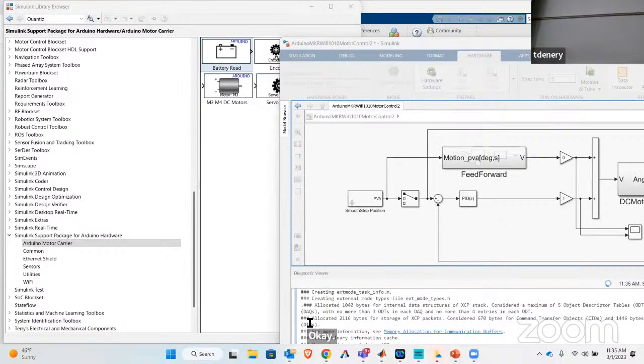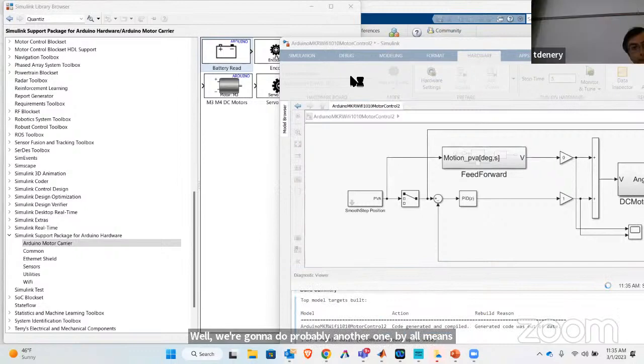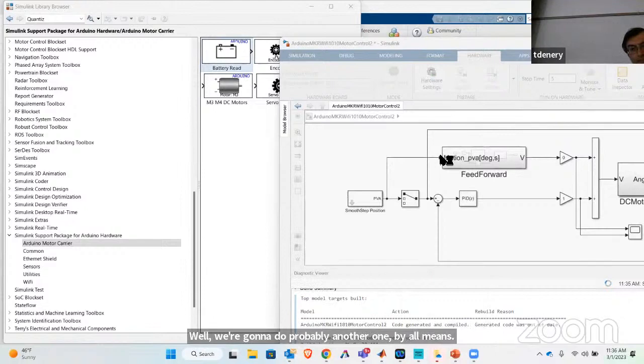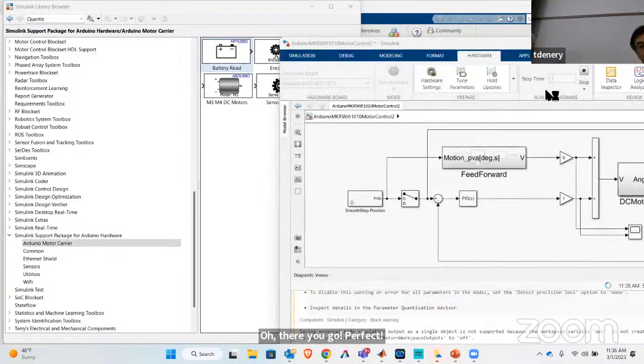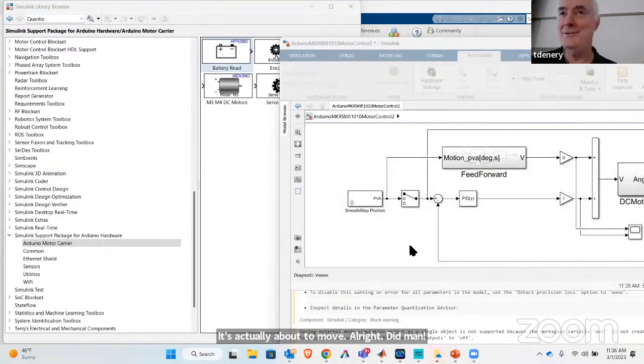Well, we're going to do probably another one. Oh, there you go, perfect. It's relatively small. It's actually about to move, I think. Did it move? Oh, it already did move. Please excuse our technical difficulties.